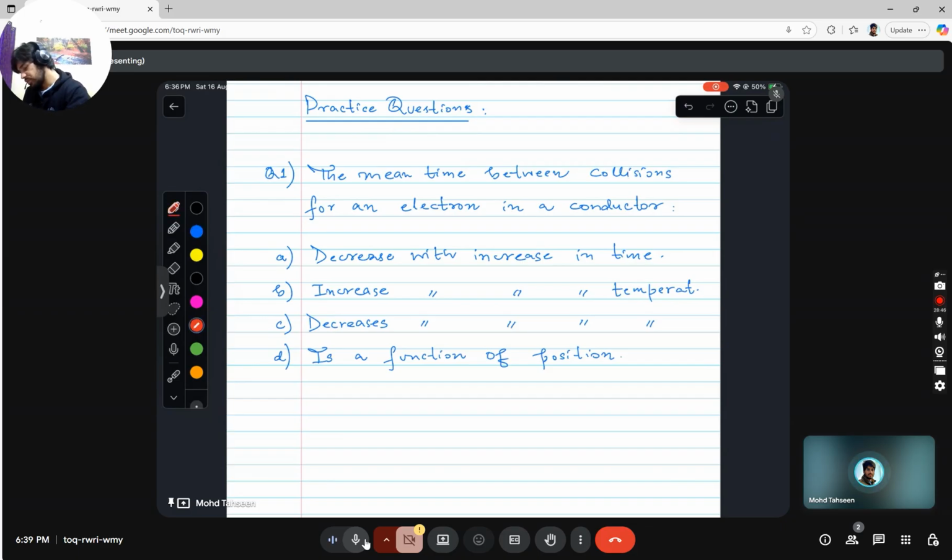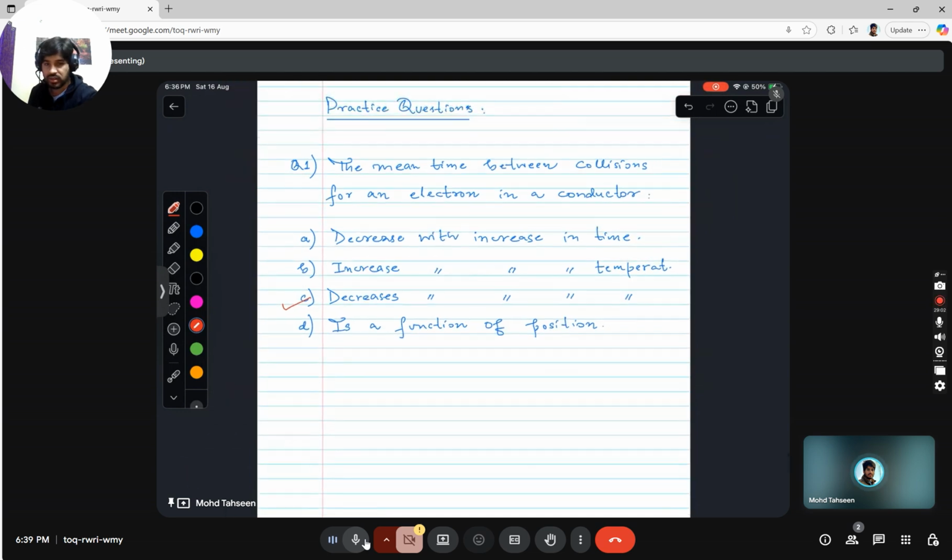Okay, so the correct option for this one is option C, that the mean time between collisions decreases with an increase in temperature. And why does this happen? The reason is that when we increase the temperature, the atoms or the particles, or the electrons in this case, vibrate faster, so the velocity increases.